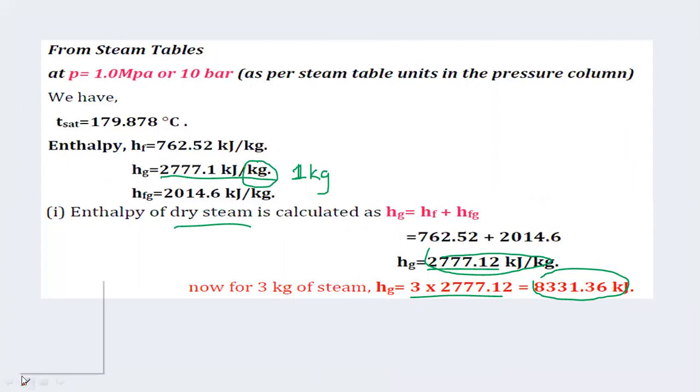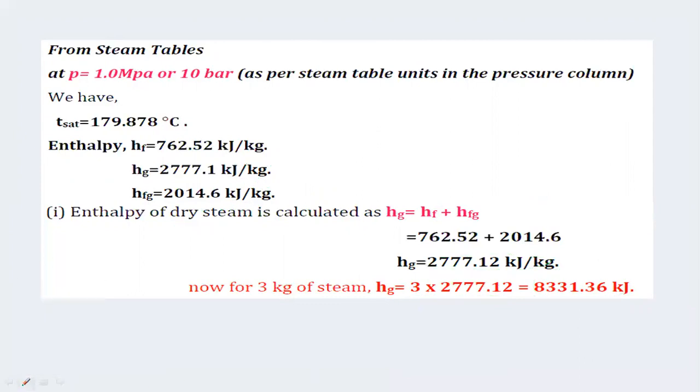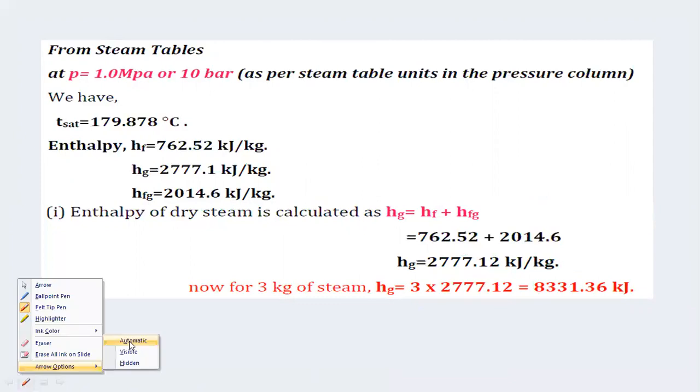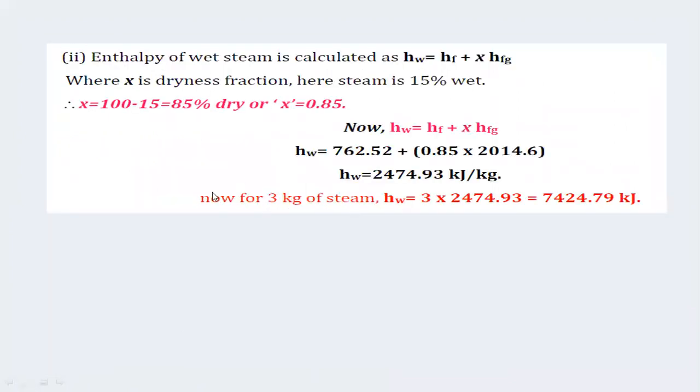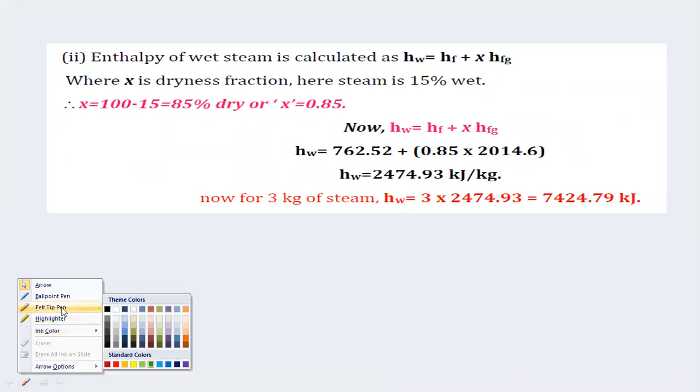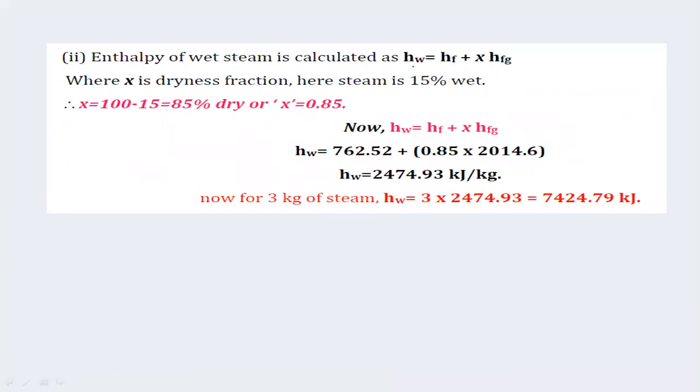Similarly, you have to do even for the wet steam as well as for the superheated steam. Let us see. For the wet steam, we use the same equation: HW is equal to HF plus X HFG. This is the equation we have used. As he has told, how much percent it is wet now? It is 15% wet. So 100 minus 15, we get the dryness fraction, that is the value of X. It is 85% dry, or X value is equal to 0.85.